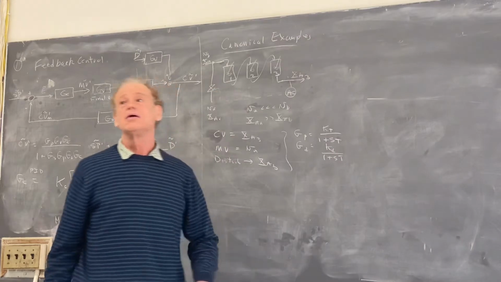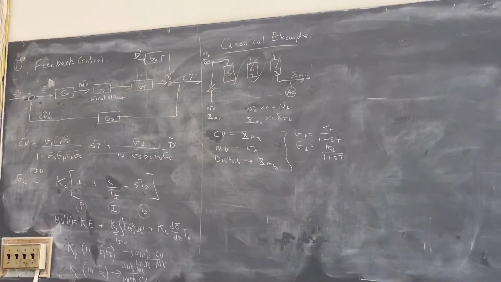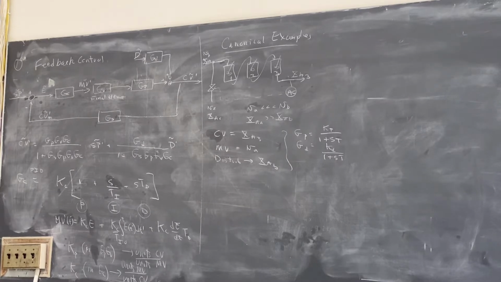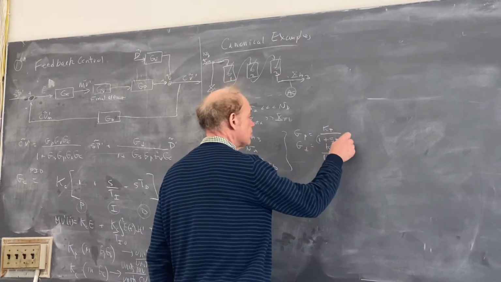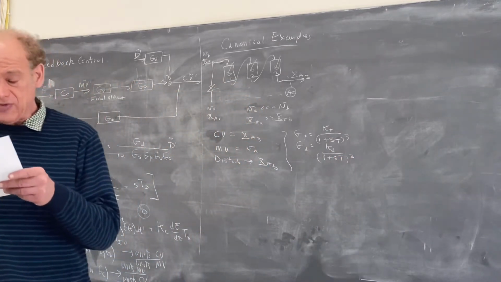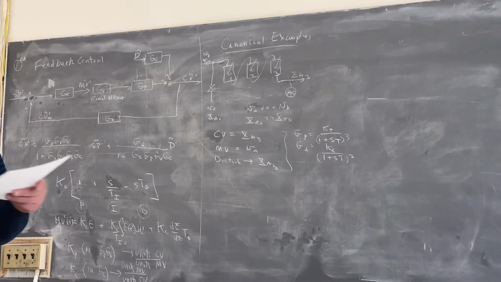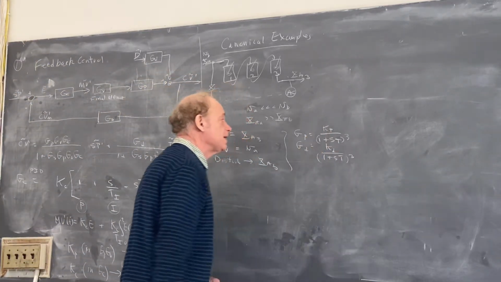I have the derivations right here on the paper, with the details of what KP and KD are. In this case, KD is 1, and KP is something else.